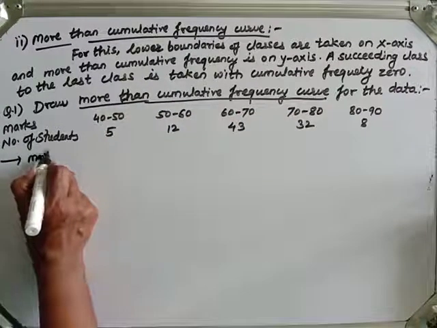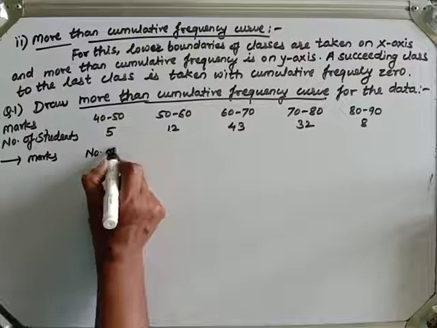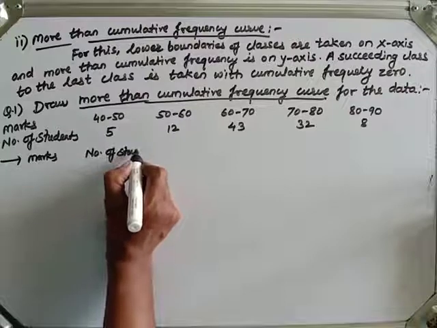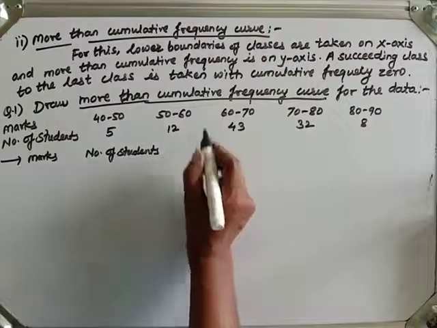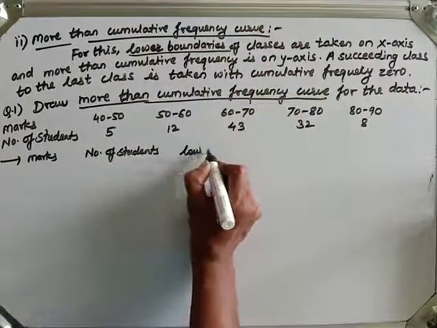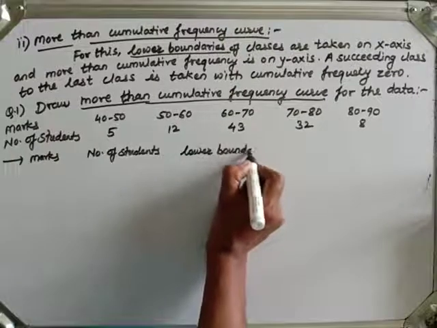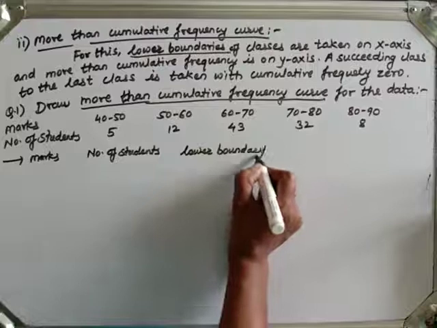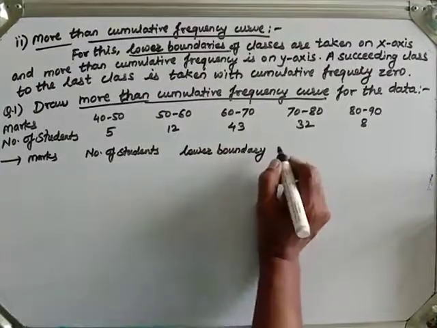So marks, then number of students, these are our frequencies to calculate cumulative frequency. Now let me write first of all lower boundaries of the classes, that is our x coordinate whenever we plot those points on a two-dimensional plane.